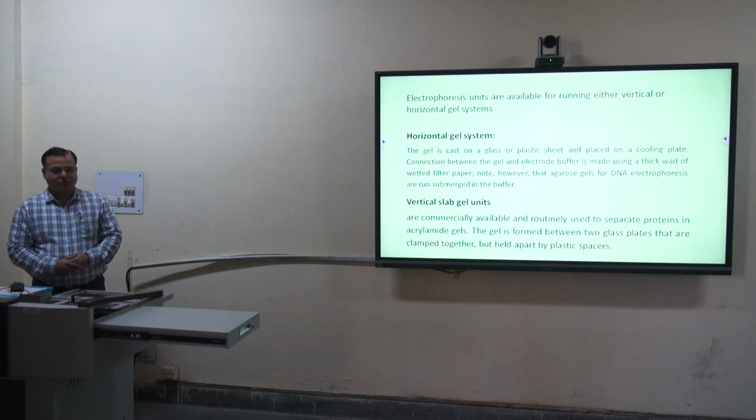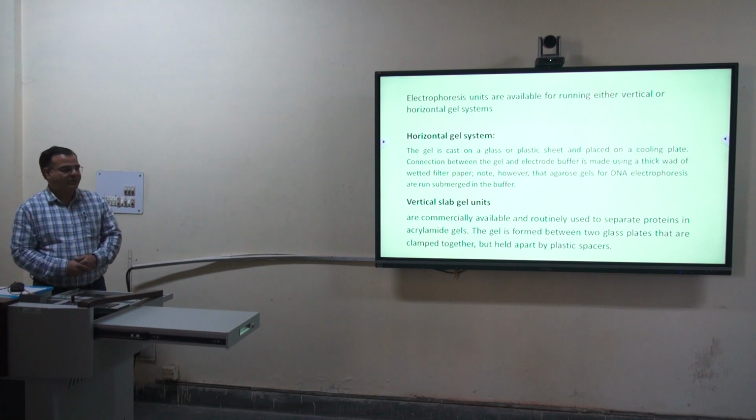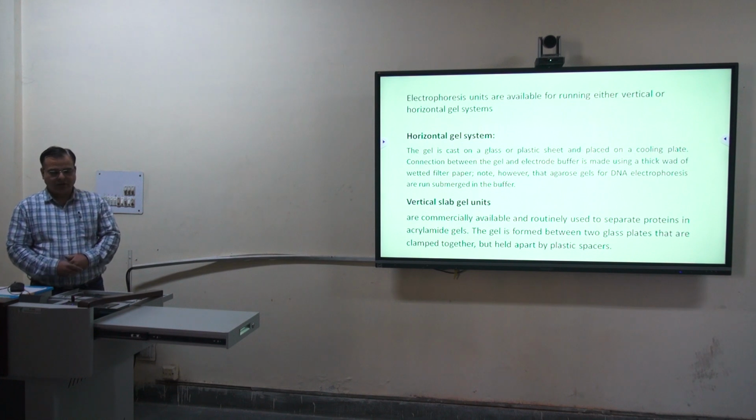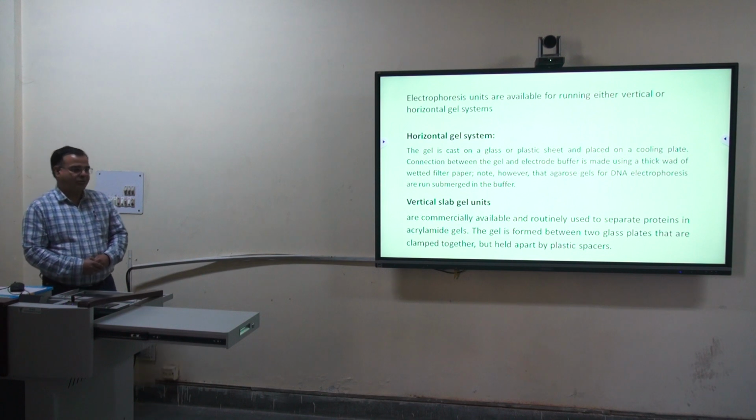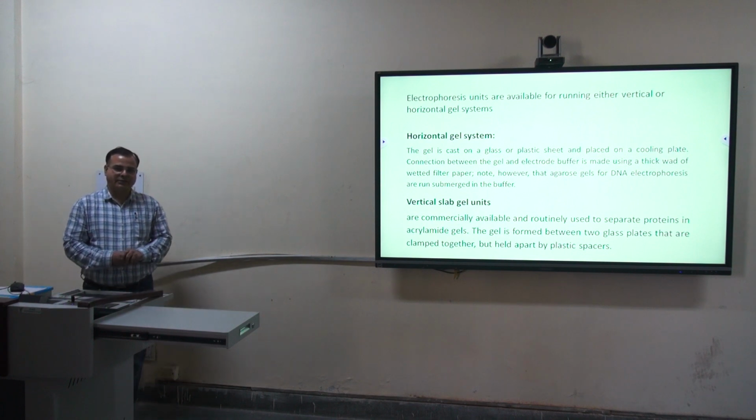The gel electrophoresis unit can be run horizontally as well as vertically. In a horizontal gel system, the gel is cast on a glass or plastic slab.